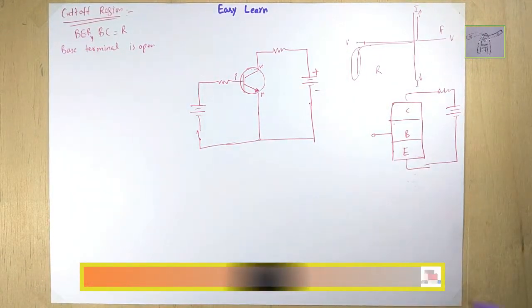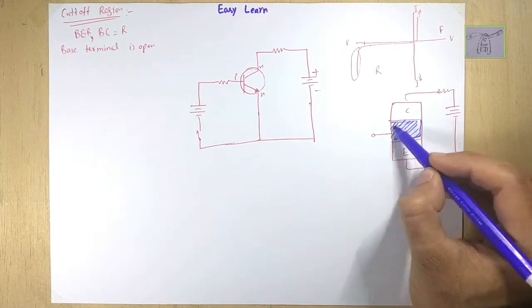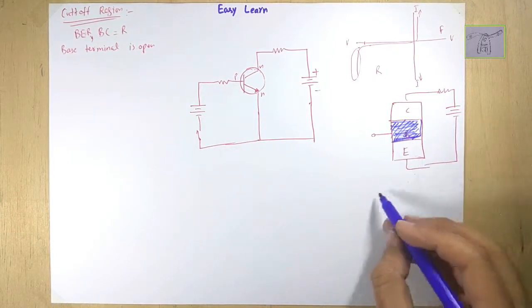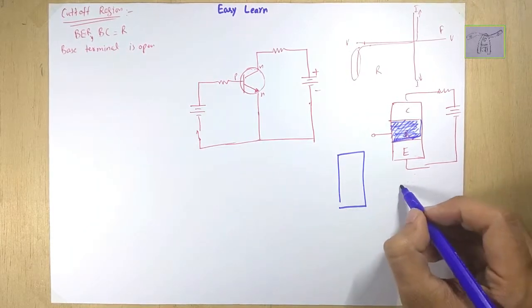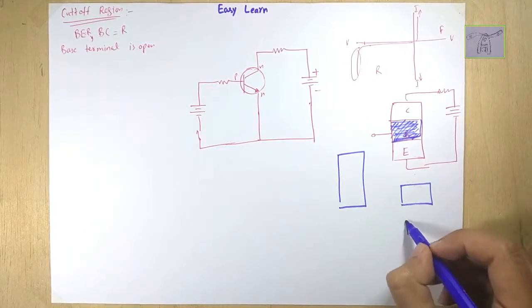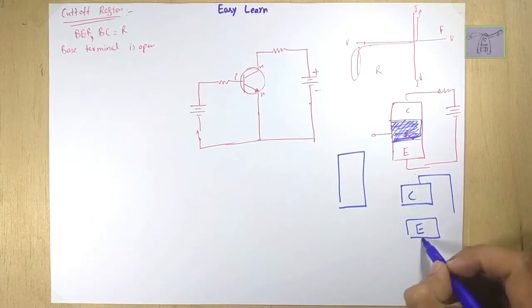I will color this portion as hidden, the base portion. This is the collector, this is the emitter region, and it looks like this.